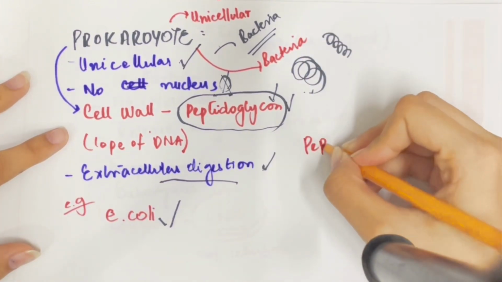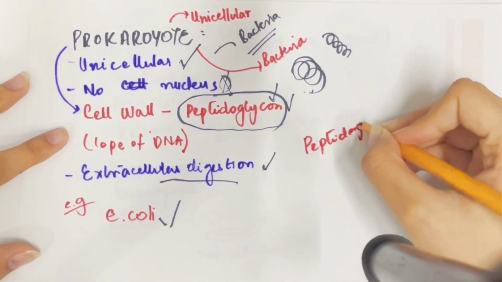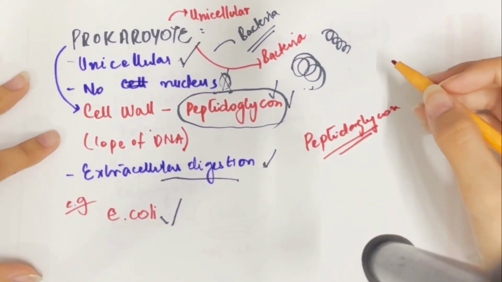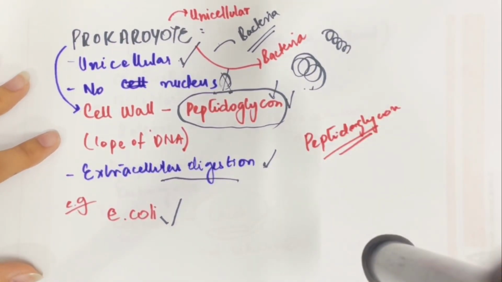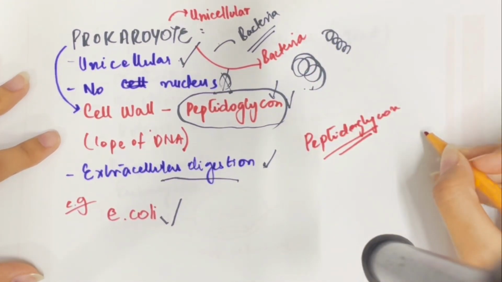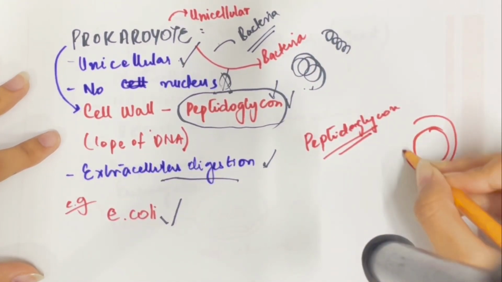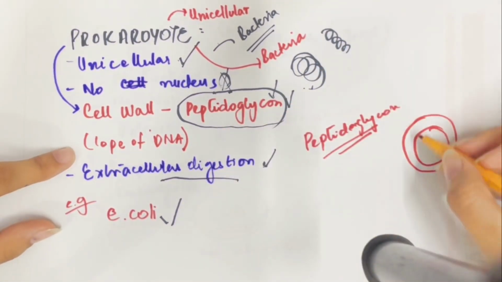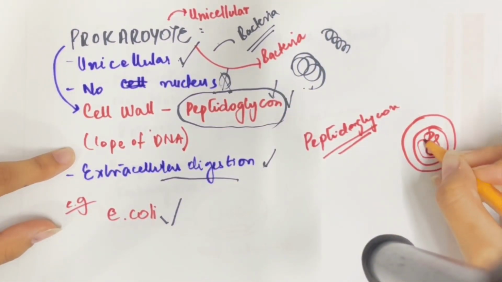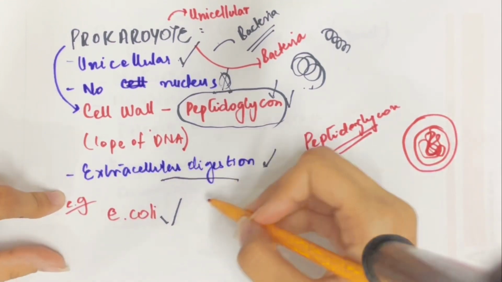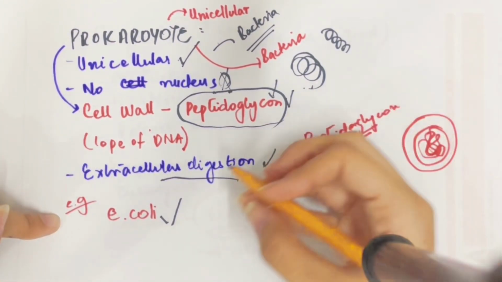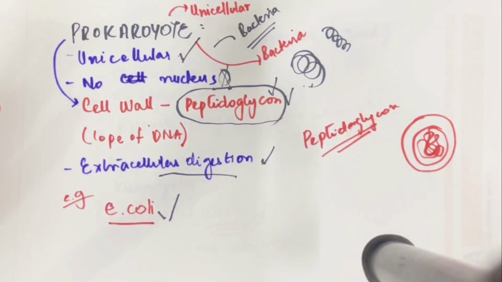Peptidoglycan is a material present in the cell wall of bacteria. The bacterial cell wall is not similar to the cell wall of Plantae or Animalia. It consists of a loop of DNA inside itself and is used for extracellular digestion. A very common example of Prokaryota is E. coli.